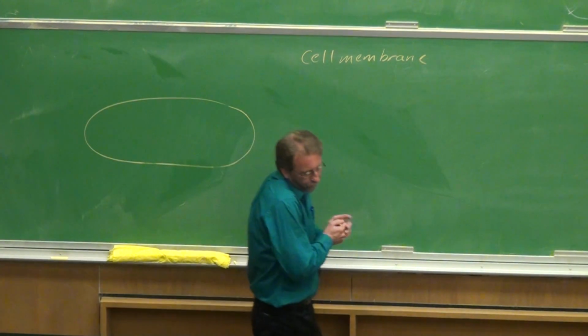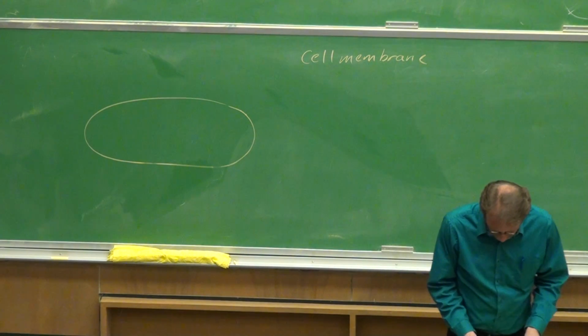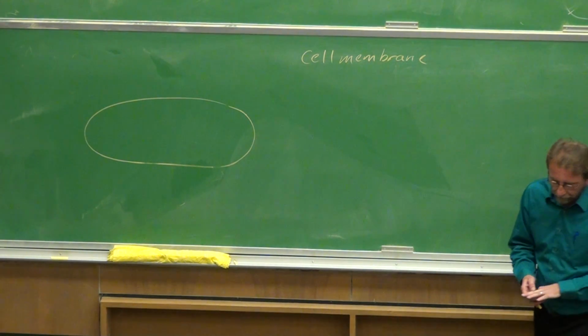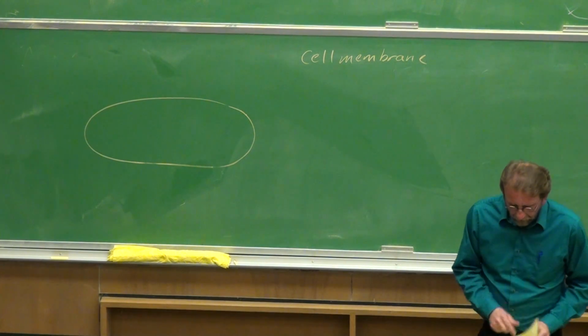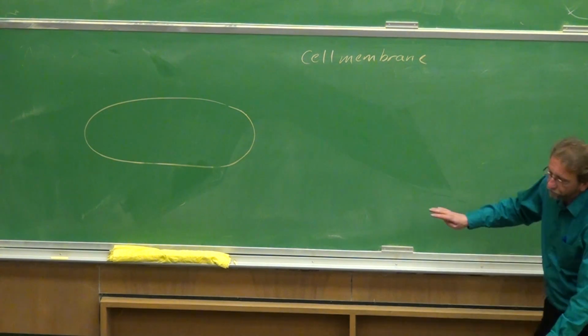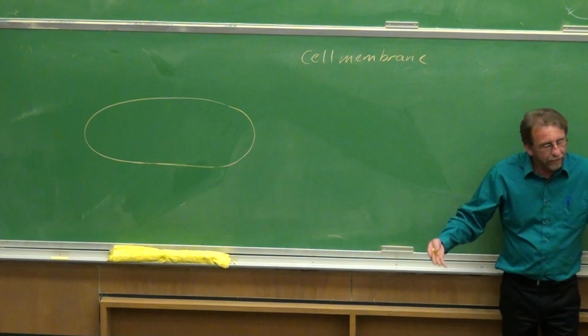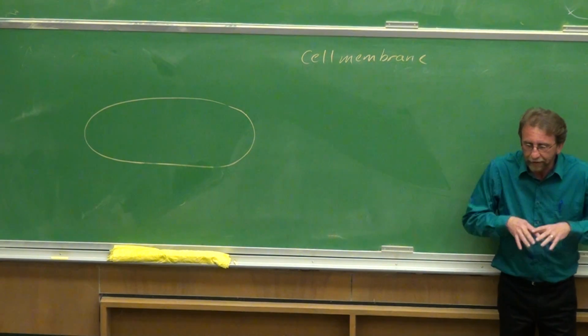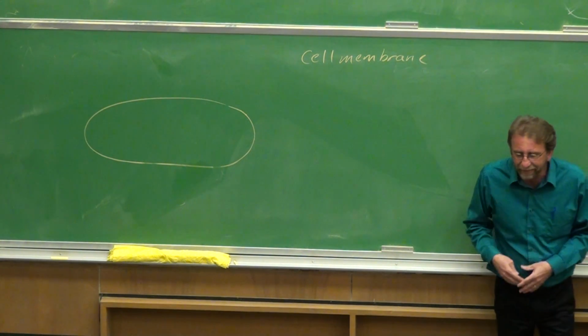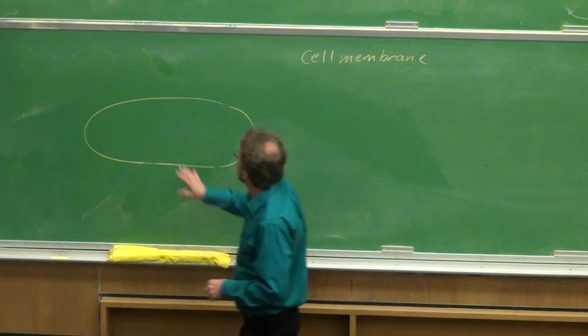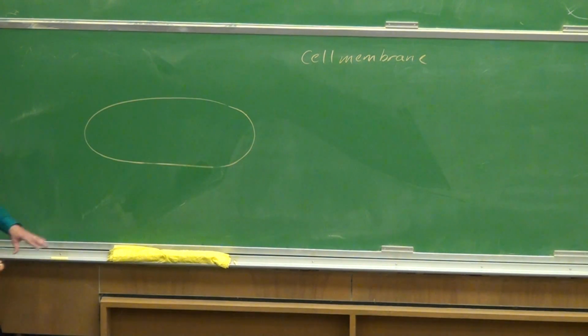The cell membrane, the plasma lemma, the plasma membrane, the cytoplasmic membrane, all terms you might hear to describe it. This structure serves to regulate material in and out of the cell. It's the barrier. It really provides the cell with its integrity, controls what moves in and out.